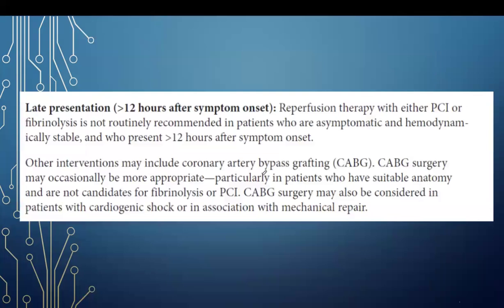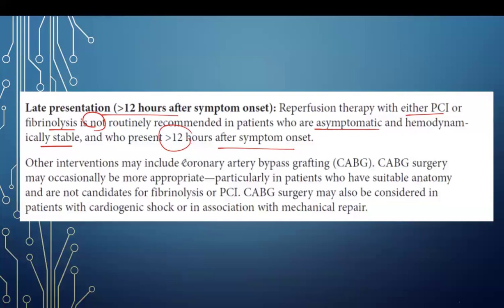So late presentation. If a patient presents after 12 hours, reperfusion therapy with either PCI or fibrinolysis is not routinely performed, especially if a patient is asymptomatic and hemodynamically stable. So asymptomatic, hemodynamically stable patient presenting after 12 hours, you don't need to do the reperfusion therapy.